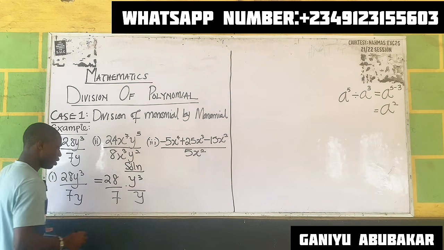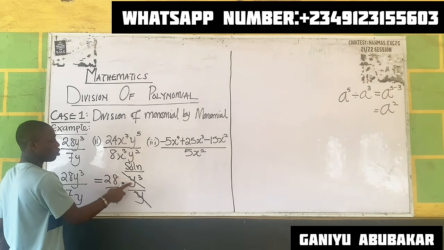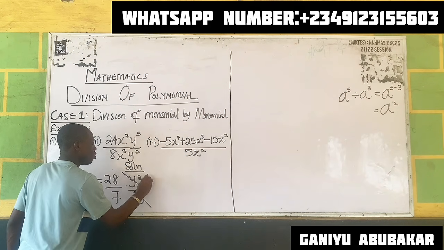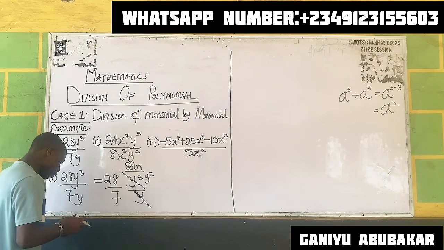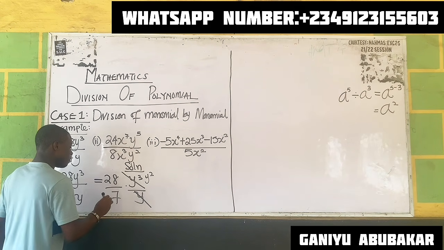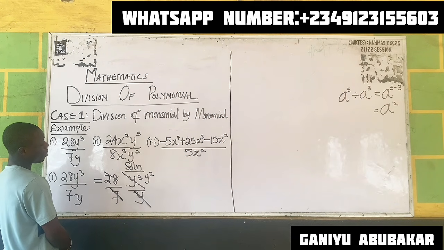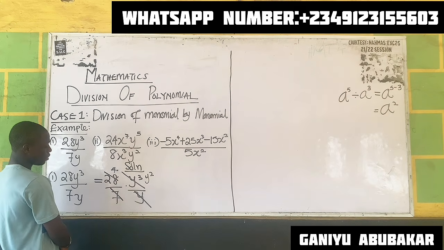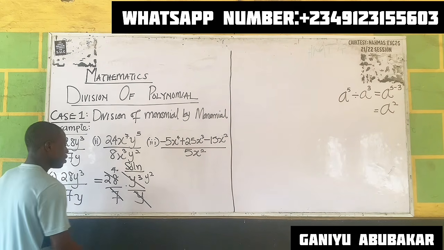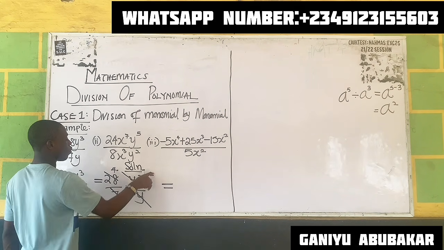At this junction, this y will cancel one of the y's in the cube. If one cancels one here, that leaves y squared. Next, if I divide 28 by 7, that is 4. What am I left with? I'm left with 4 times y squared.